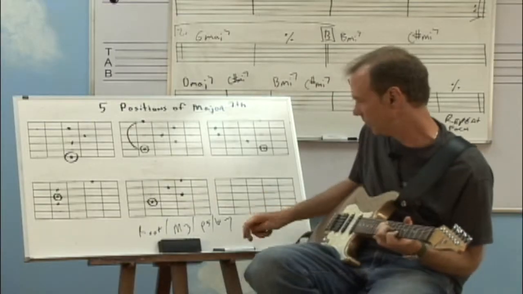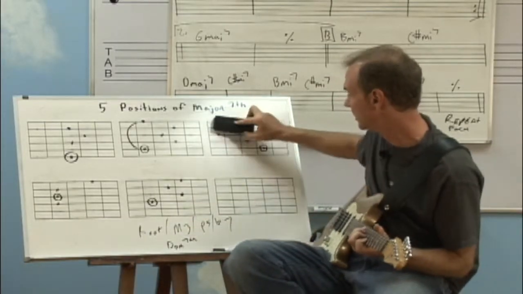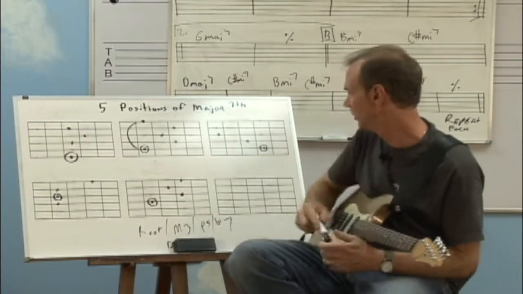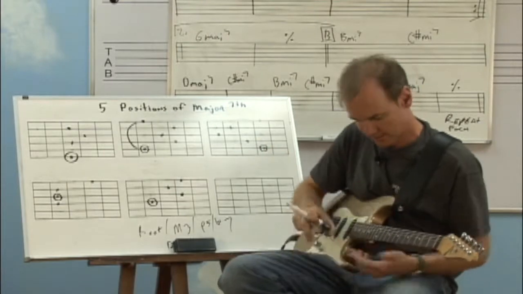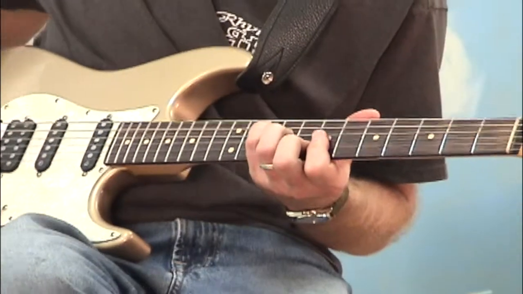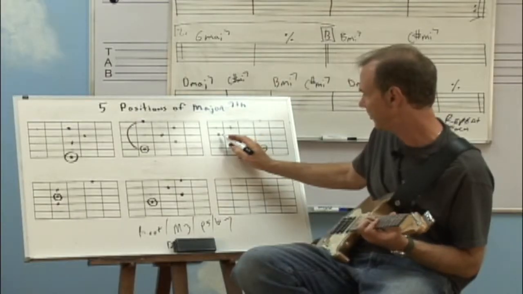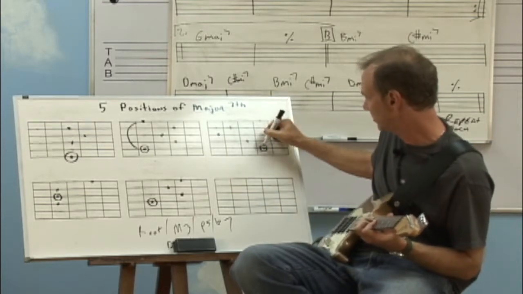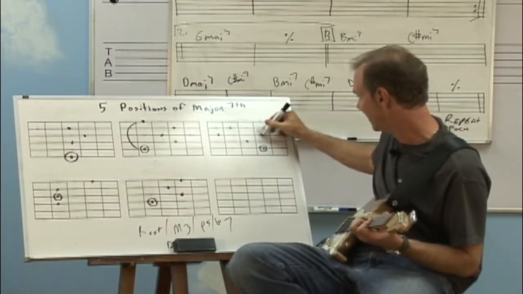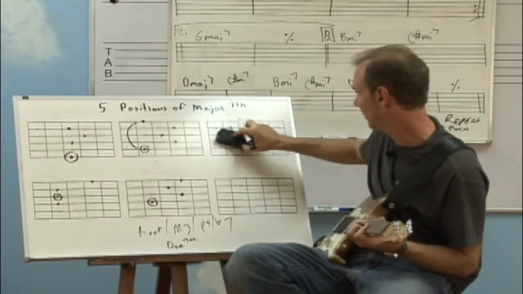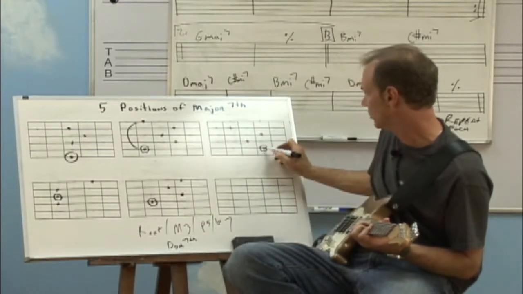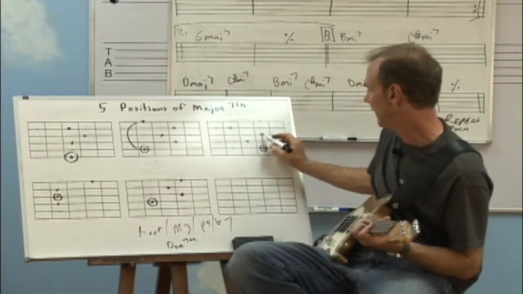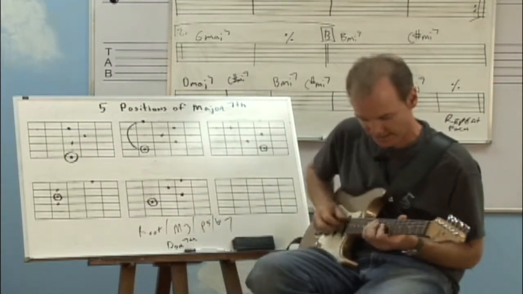Okay, so here's what I'm going to suggest. I'm going to suggest taking the root, putting it back on the top here, right? And then, instead of using the 5th right here, that's what this is, root, 3rd, 5th, we're going to make the flat 7 right here. We're going to get rid of that note. So now we have root, 3rd, flat 7, root. And that gives us this shape.